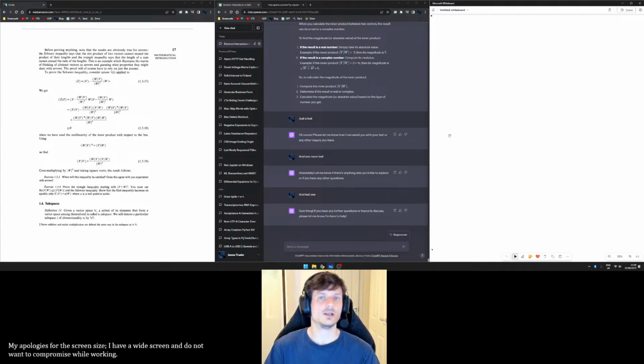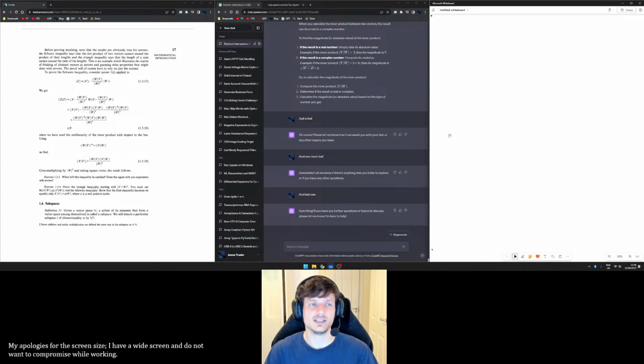Cool. So it says before proving anything, note that the results are obviously true for arrows. The Schwarz inequality says that the dot product of two vectors cannot exceed the product of their lengths, and the triangle inequality says that the length of a sum cannot exceed the sum of the lengths.